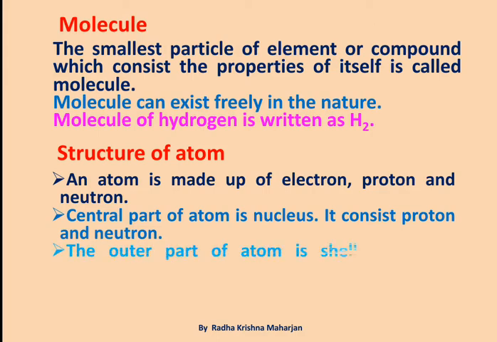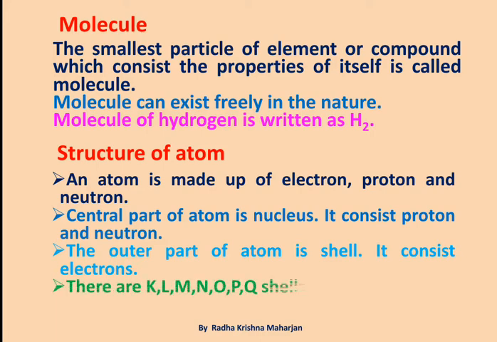The outer part of atom is shell. It consists electrons. There are K, L, M, N, O, P, Q shells. There are S, P, D and F subshells.